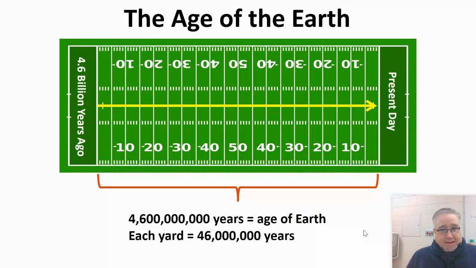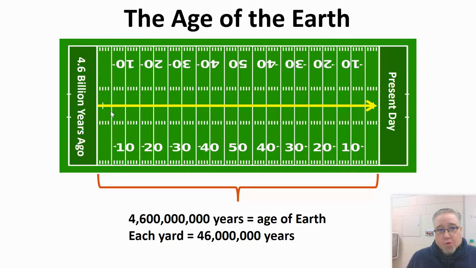Now, again, to gauge how old that really is, let's use a football field. Let's just say that you were standing on the goal line on one end of the field, say you're out of the Crown Point football field or something, and you walked to the other goal line.